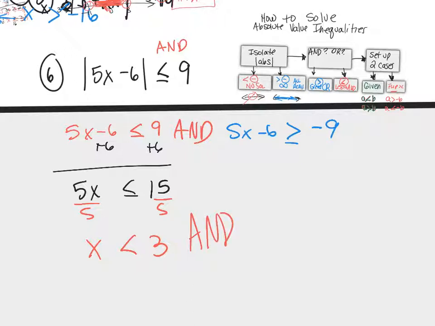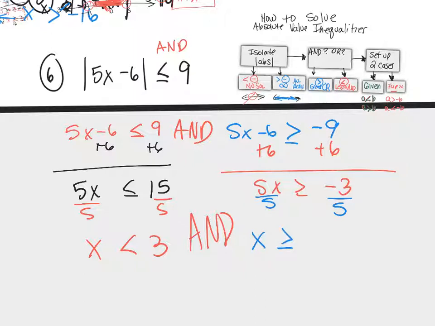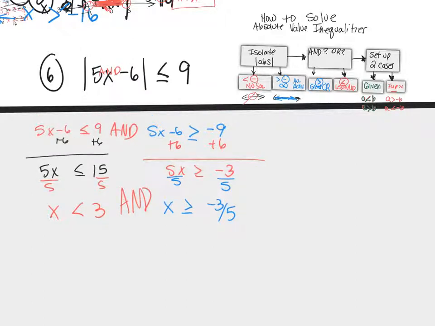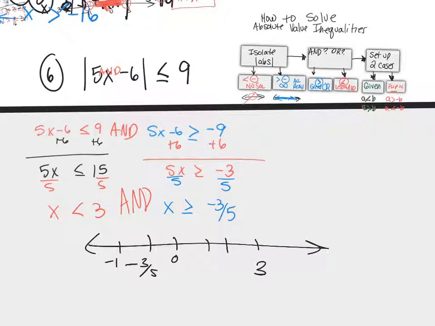And add 6, add 6. We get 5x is greater than or equal to negative 3. Divide by 5, x is greater than or equal to negative 3/5. When we go to graph this, negative 3/5 is between 0 and negative 1, and 3 is to the right of 0.